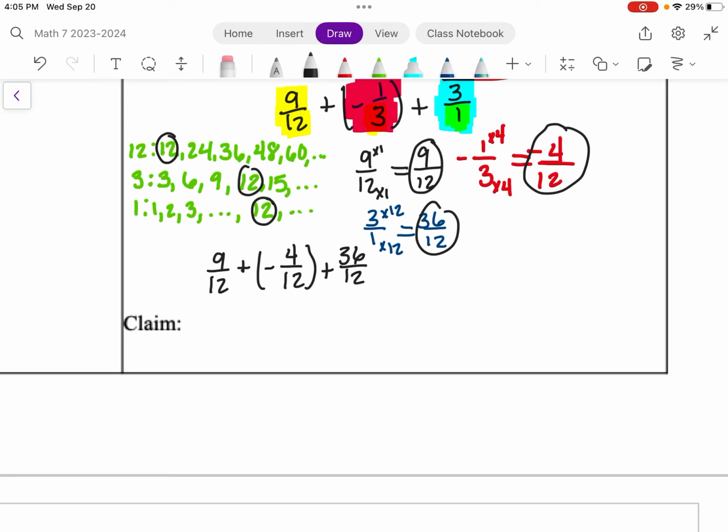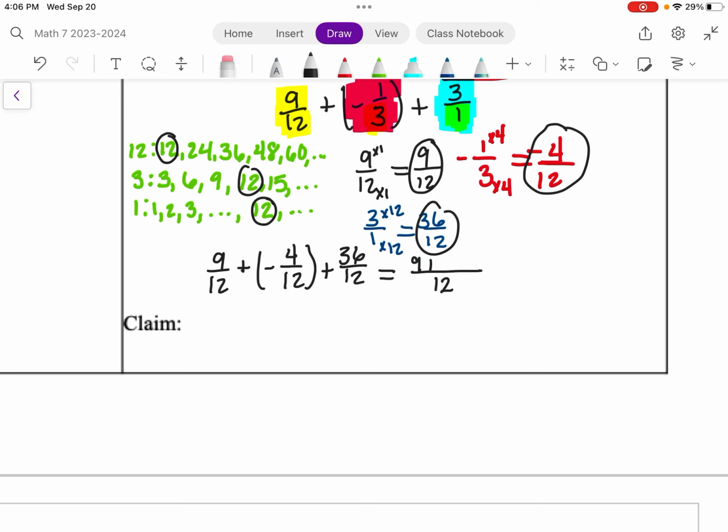Now I do like anything else, right? So with fractions, as long as my denominators are the same, I can add them together. Okay, and in this case, I know they're the same because I just did all that work to get them all to be 12. So I can put a 12 on the bottom. I know my answer is going to have a 12 as a denominator. Okay, now I'm just going to work with the numerators.